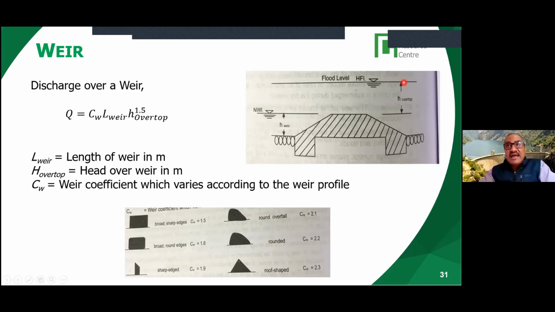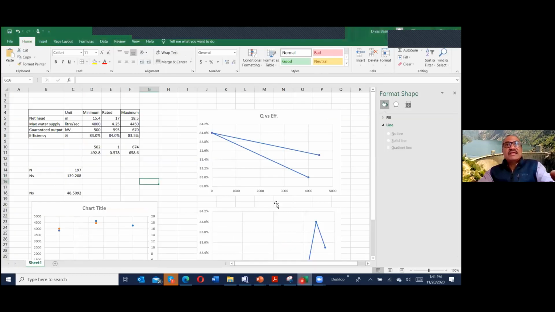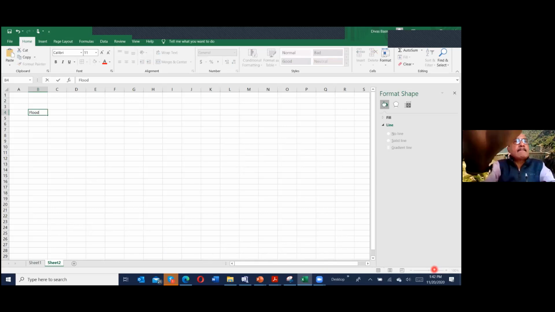So what will be the head for this value? I will just give you an example, a small exercise here. Can you see my screen? I will make it a little bigger. Yes, we can see it.